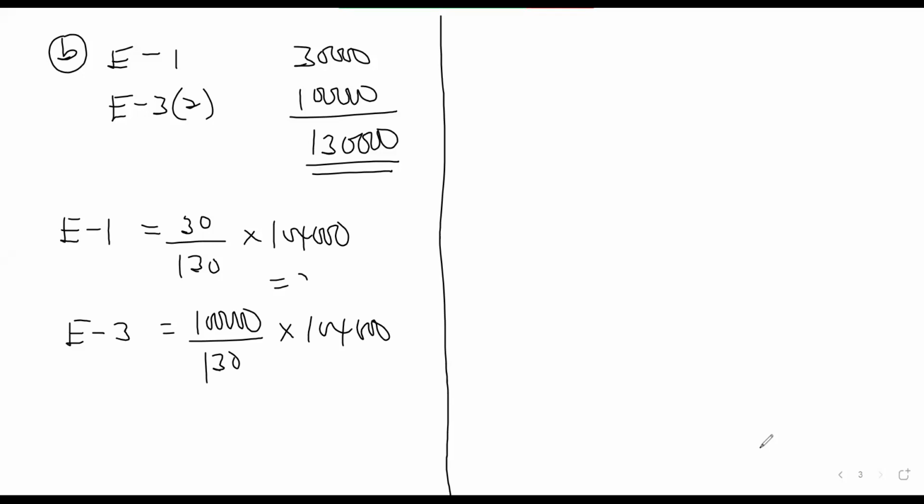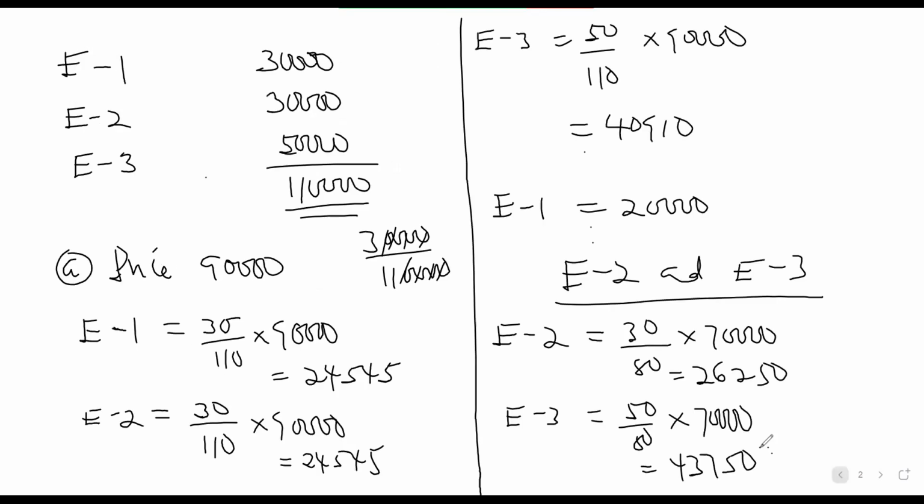The first one is 24,000. The second one is going to be 80,000. So it means that the company is selling each unit of E3 for 40,000, isn't it? That is very simple.